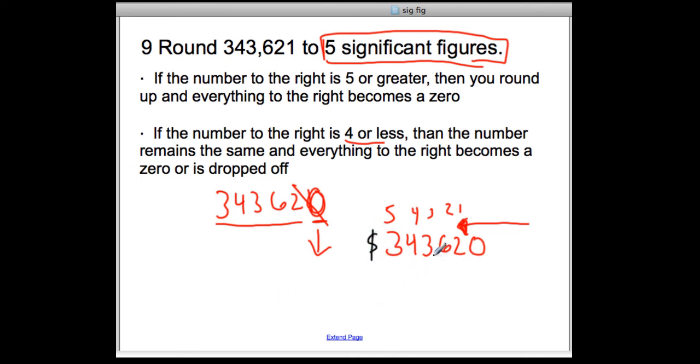I would want to have this 343,620. If I drop that off, I would only have $362. I would lose out on a lot of money if we were to drop that 0 off. You cannot drop the 0 off in this answer here. You've got to keep the 0 on there, and you'll still have the 5 sig figs that you're looking for because it's not included as a significant figure.